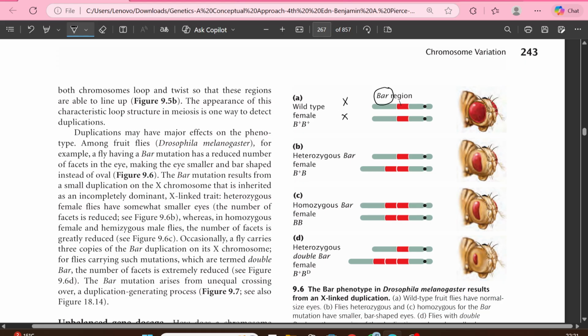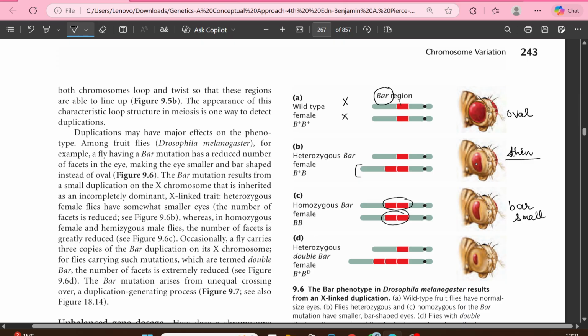Now what happens is sometimes this bar region can get duplicated. If the bar region is getting duplicated only on one of the X chromosomes, then the eye from the oval shape will become short or will become thin. If there is a bar mutation on both the chromosomes, then it will become bar shaped and small.